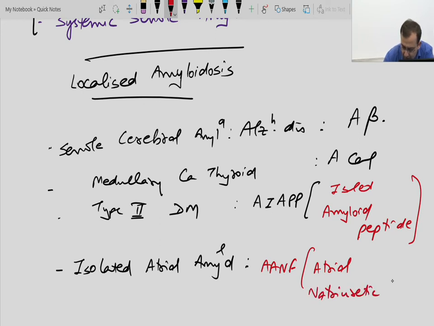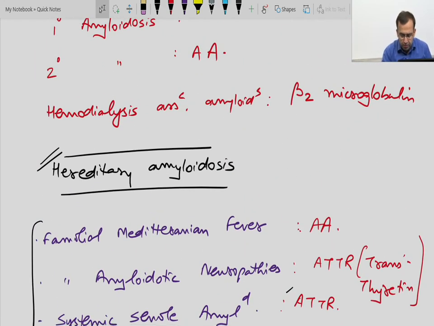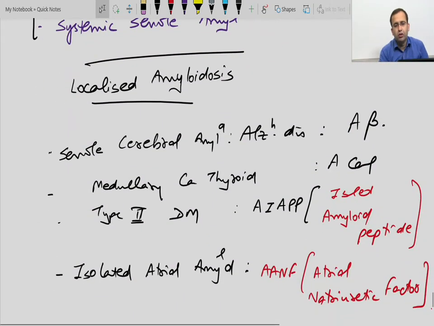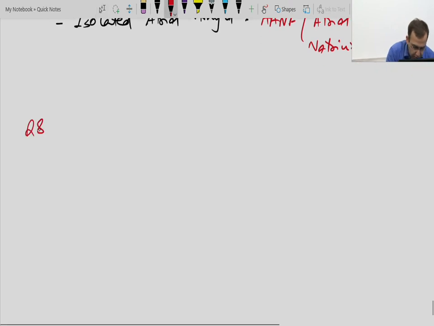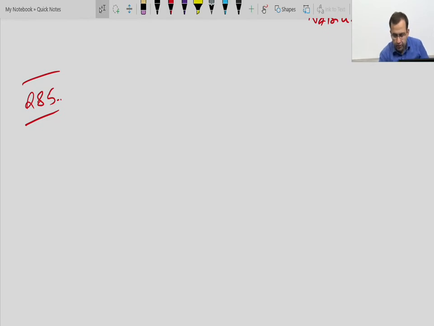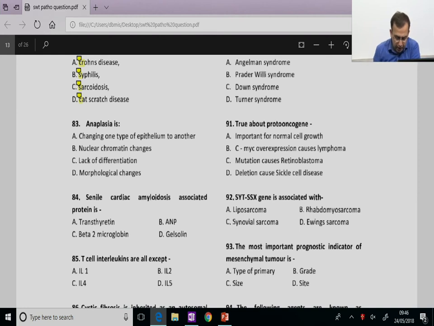These are the types of amyloidosis. So we divided them into primary, secondary, hemodialysis associated, hereditary and localized amyloidosis. Next, this gets us to question 85.